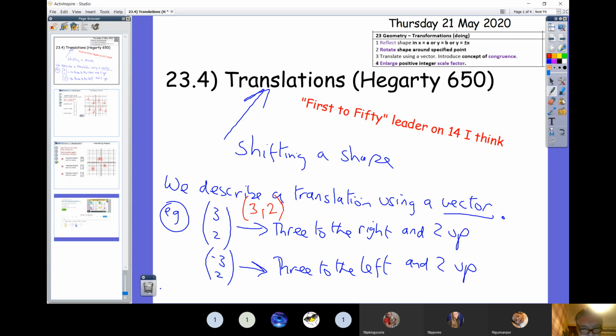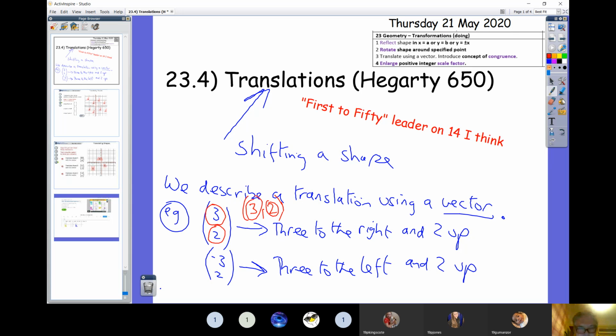Well, that's all that vector is doing. The top number tells you the left or right, just like the 3 would with the coordinates, and the bottom number tells you the up or down, just like it would with a coordinate.